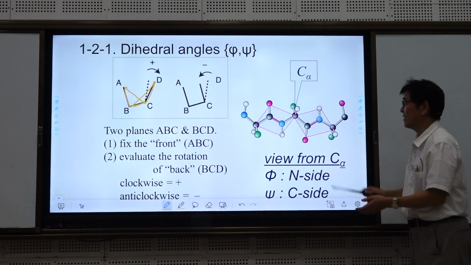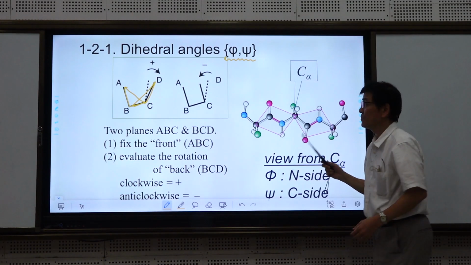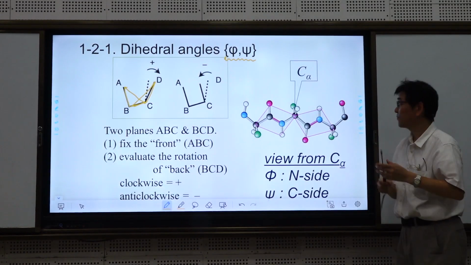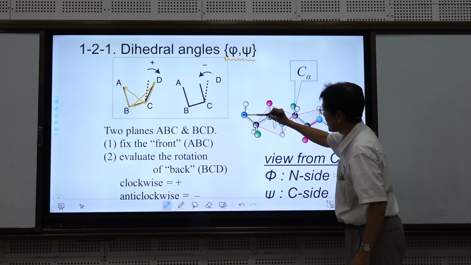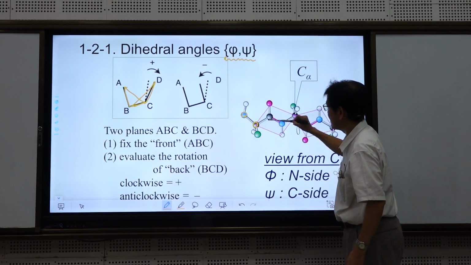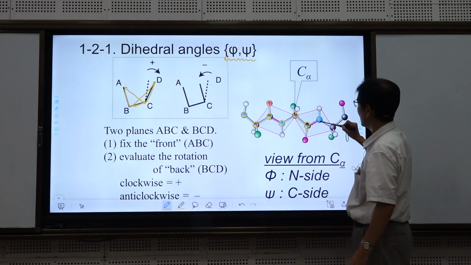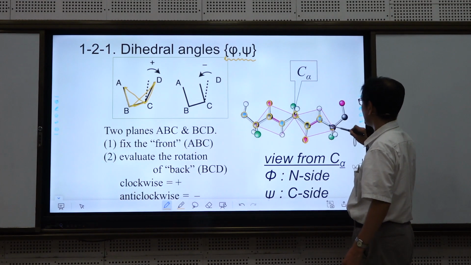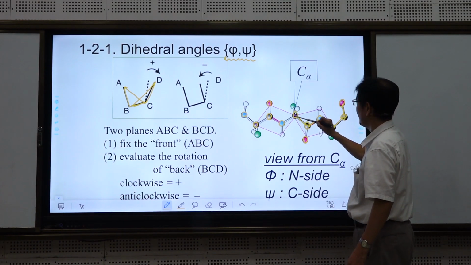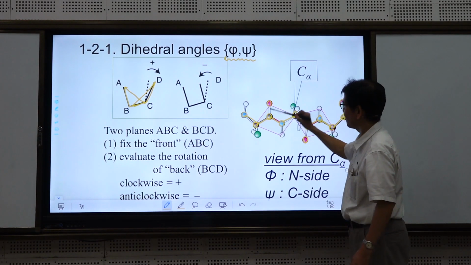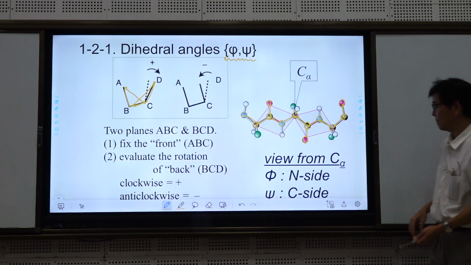And in the case of peptide main chain, we use two dihedral angles to indicate what the structure is. Okay, this is N, C, C, O. So this is the main chain, right?